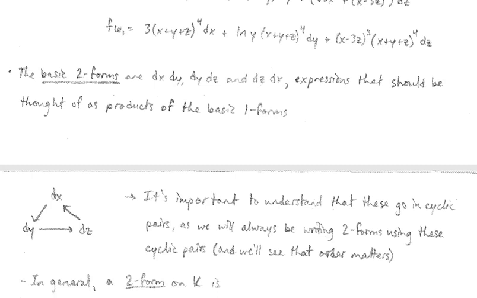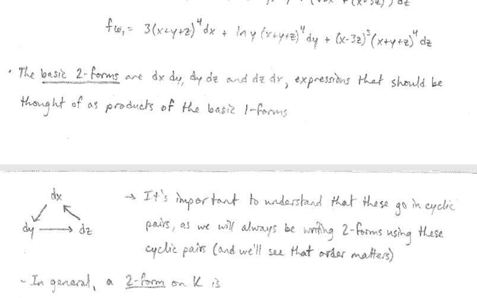It's dx times dy, dy times dz, dz times dx. You don't typically see dy dx written. You don't typically see dx dz written. You don't typically see dz dy written. We are always going to be writing these things in cyclic pairs. And we have to be picky with it because later on in the section, we're going to see that the order in which you write these things does actually matter.